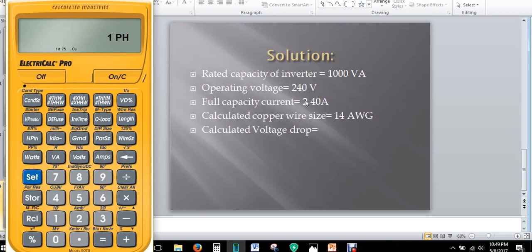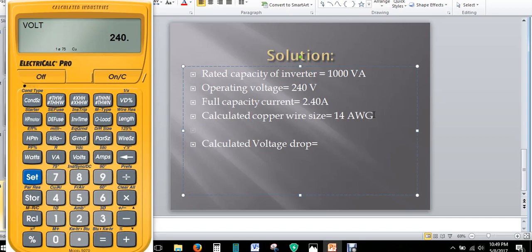Now our full load capacity current is 2.40, so we have to enter that. That is 2.40 amps. Now our voltage is still 240 volts. And then the length that is apart is, I think I have skipped one piece of information here.